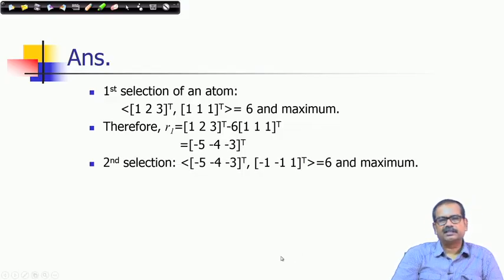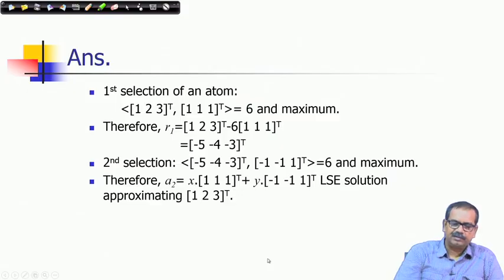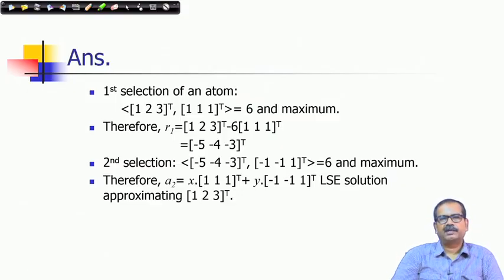Now, the second selection. So, second selection means now which atom? From the remaining set of atoms, once again you perform the dot products with each of them, and you can observe that -1, -1, 1 is giving you the maximum value of these dot products, and that value is also 6 here. So, now you have in your dictionary 2 atoms, 1, 1, 1 and -1, -1, 1.